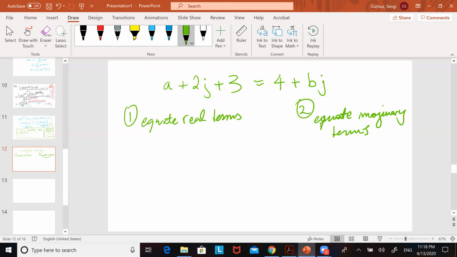The first equation would be for the real terms: a plus 3 must equal 4. The second equation would be the imaginary terms: 2 must equal b. From here you can solve for b, so b equals 2. And then a has to be equal to 1, because 4 minus 3 equals 1. Sometimes if you have to solve for unknowns when you're dealing with phasors, remembering this will come in handy.